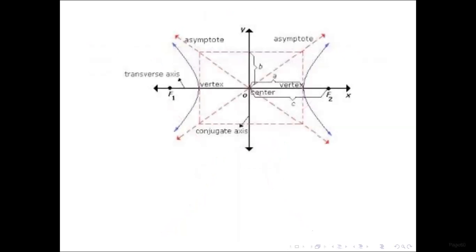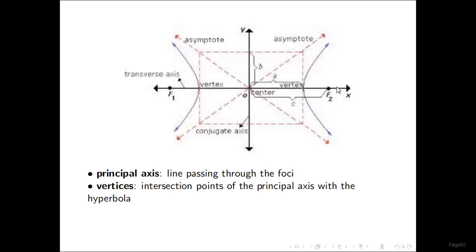So, some anatomy as with our previous two conic sections. Principal axis, same definition as with ellipses. It's the line passing through the foci. So in the figure, it would be this line here. Then the vertices are similarly defined. They are the intersection points of that axis with the hyperbola.